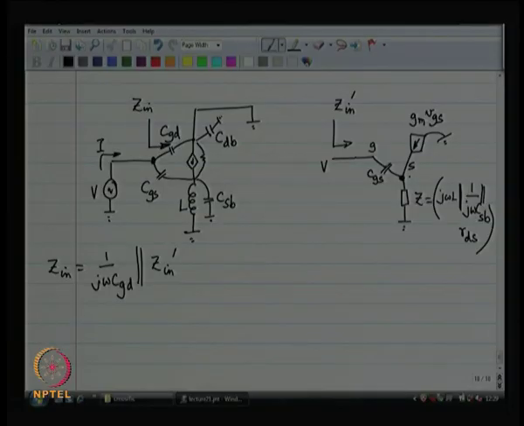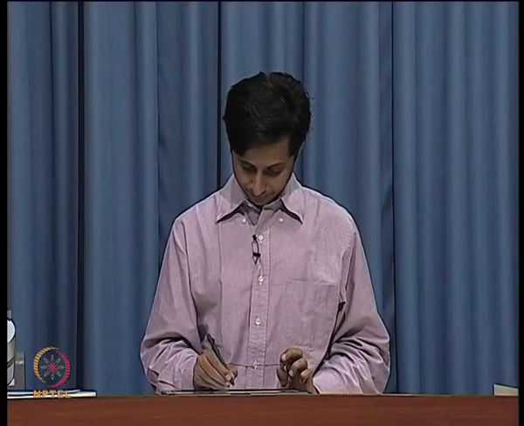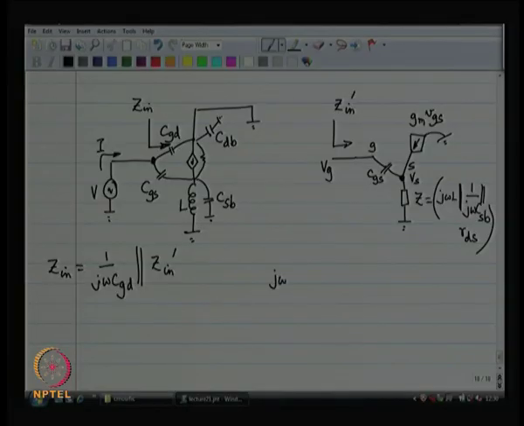Let us say I have applied Vg, and this is Vs. So, therefore, if I work on Kirchhoff's node equation, I get j omega CGS times VGS, that is the current going through CGS, plus GM times VGS, and that is equal to Vs by Z.